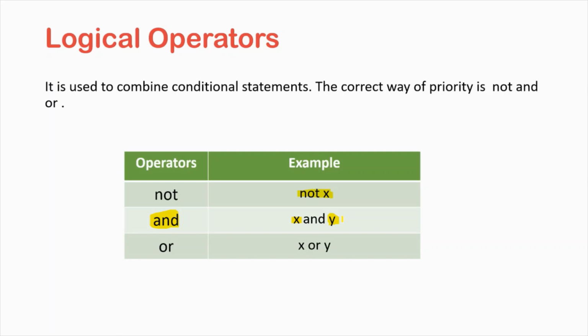Suppose x has the value 1, and y has the value 0. The AND operator will check that if both conditions are true, then only it will return true, or else it will return false.